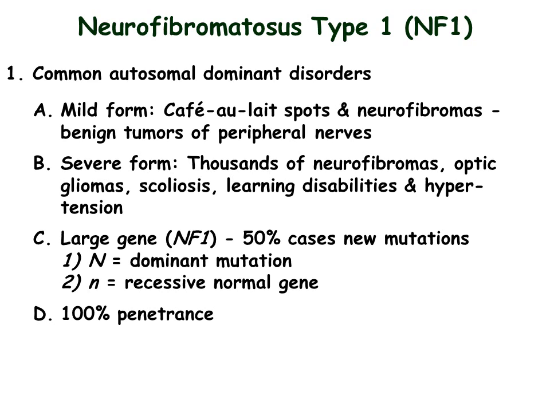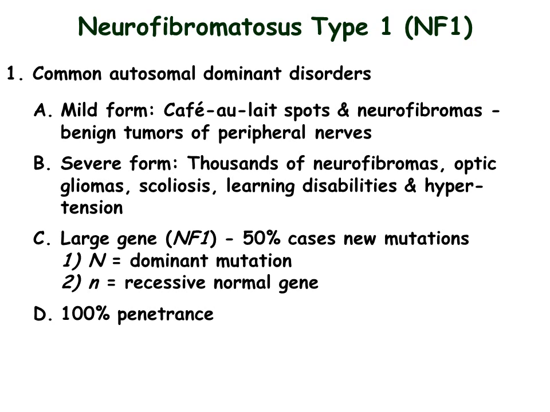Now you can have literally thousands of these. There can also be optic gliomas, scoliosis, and other problems as well, including learning disabilities and hypertension. So it's a very large gene, the neurofibromatosis gene, NF1, and 50% of the cases are going to be new mutations.